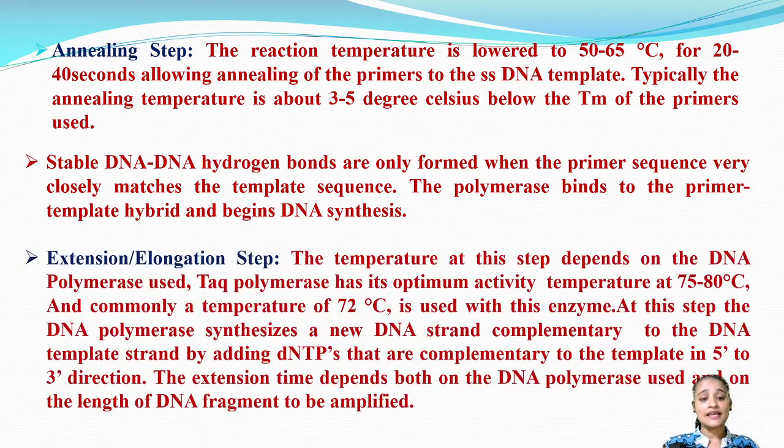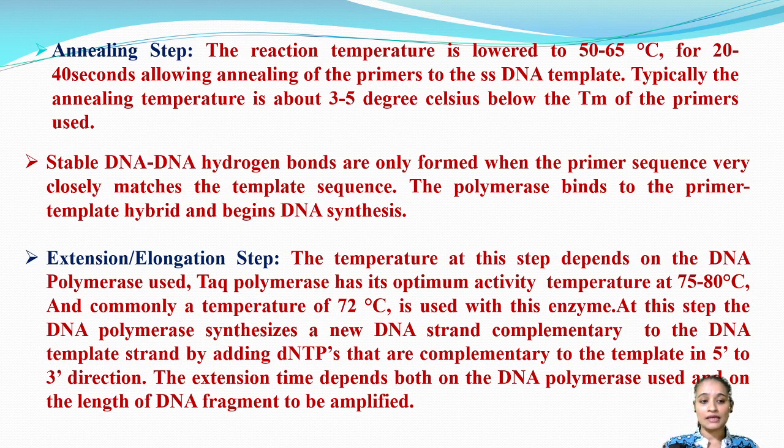Now the next step is extension, or the elongation step. The temperature at this step depends on the DNA polymerase used. Taq polymerase has its optimum activity at a temperature around 75 to 80 degrees Celsius, and commonly a temperature around 72 degrees Celsius is used with this enzyme.